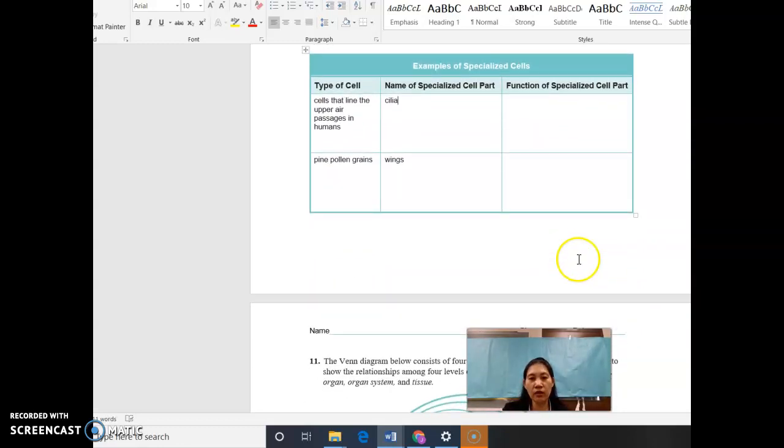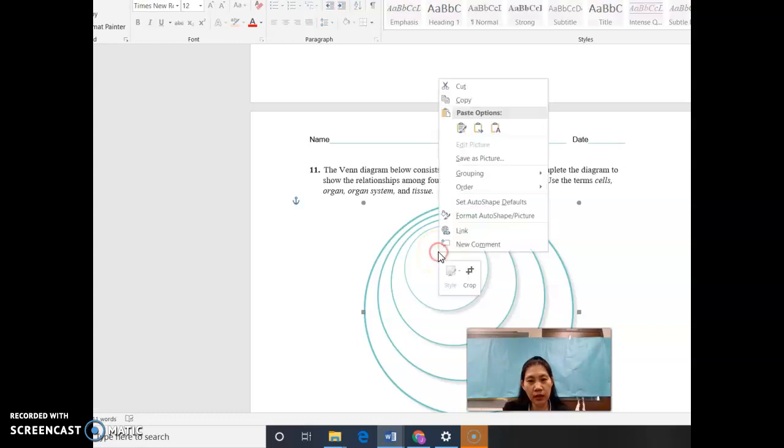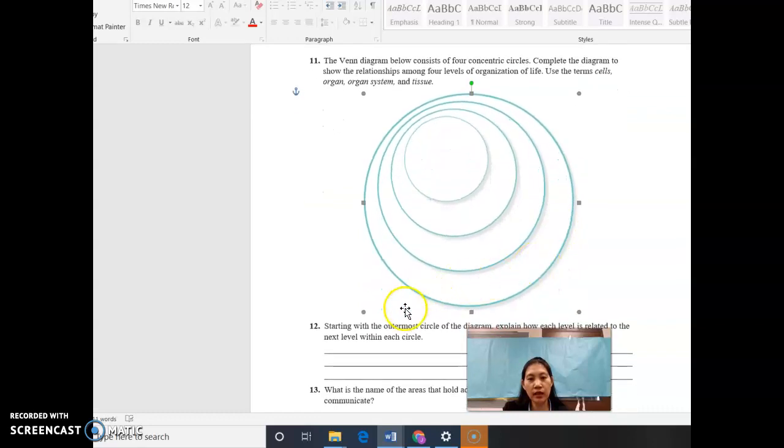So next one here is a Venn diagram. It consists of four concentric circles. Since you cannot type in here, you just write it below. Remember the relationships among the four levels of organization of life, starting from the cells.